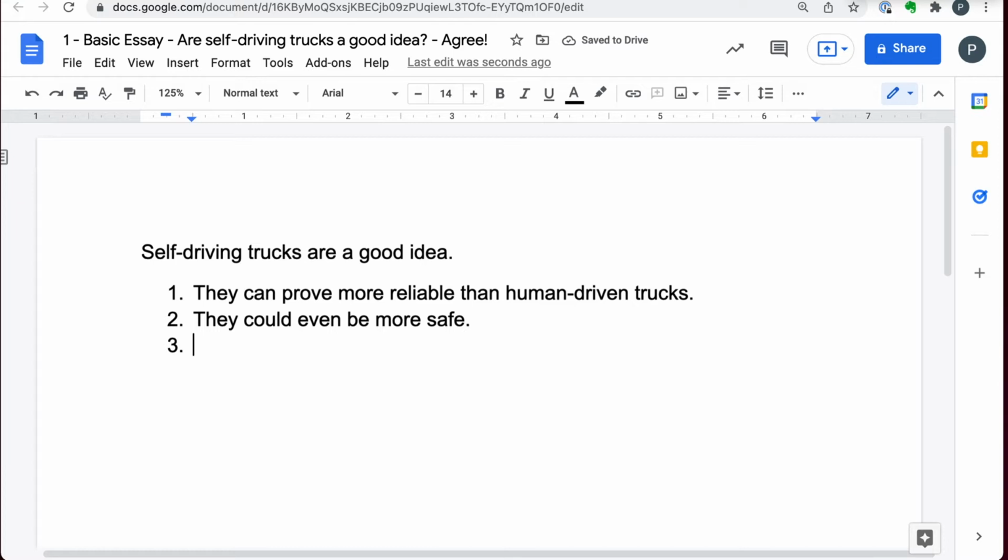What else? Why else are self-driving trucks a good idea? I'm thinking. I see I need three reasons. I'm not going to move forward until I have come up with three very good reasons that self-driving trucks are a good idea.